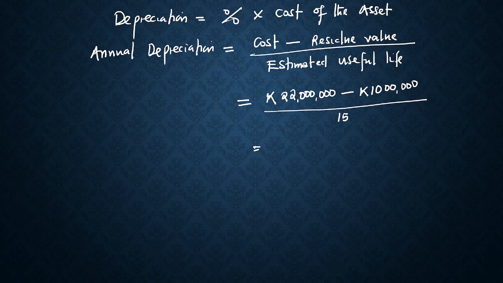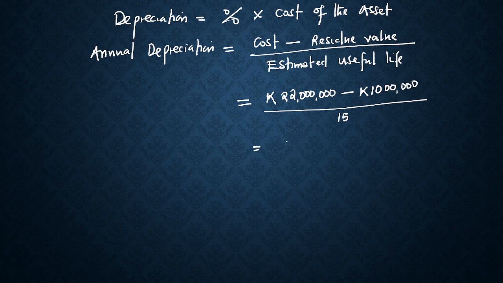So if you subtract there, what are we getting? 22 million minus 1 million is 21 million.